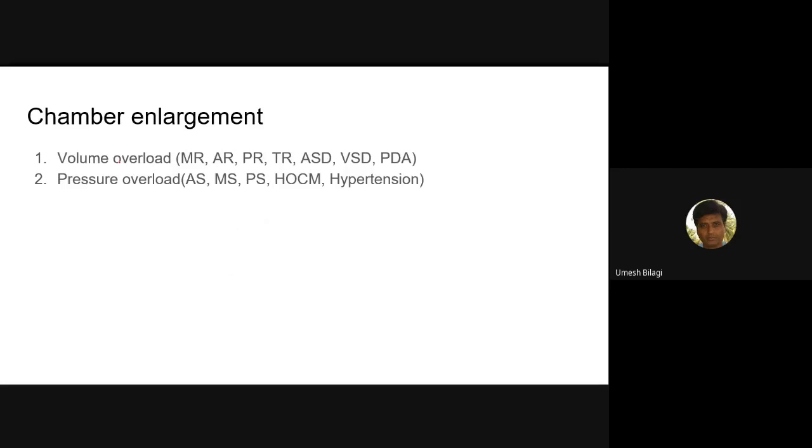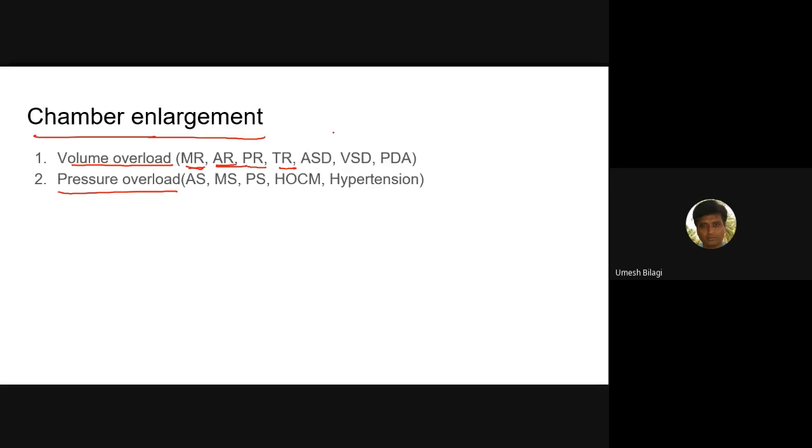Okay, now we'll come to chamber enlargements. Chamber enlargements could be volume overload or pressure overload. What are the volume overload diseases? MR, AR, that is mitral regurgitation, aortic regurgitation, pulmonary regurgitation, tricuspid regurgitation. Atrial septal defect will cause biatrial enlargement.